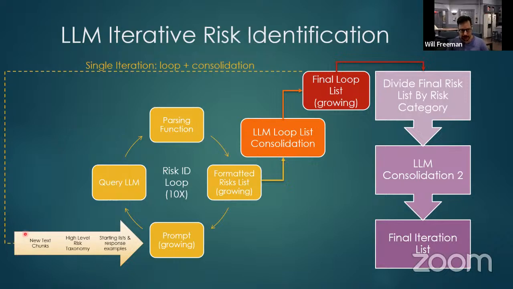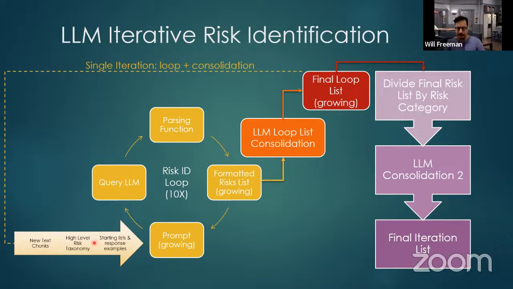I would put in new text chunks from the corpus, chunks of 100 words, though I think this was actually a lot bigger for this particular one. And then I would give the LLM the highest level risks, very major general risks, like financial risks is one category. I wouldn't go down to sub-risks of that because I was just trying to give it a very broad idea to keep things in, and you'll see why in a minute.